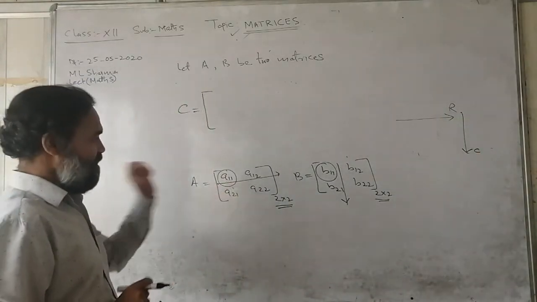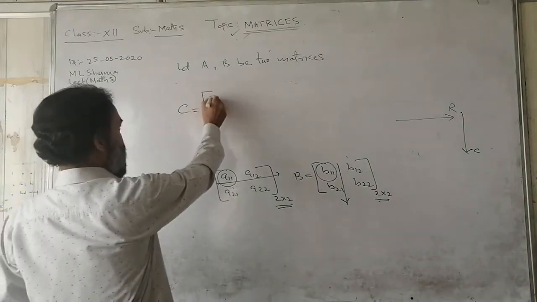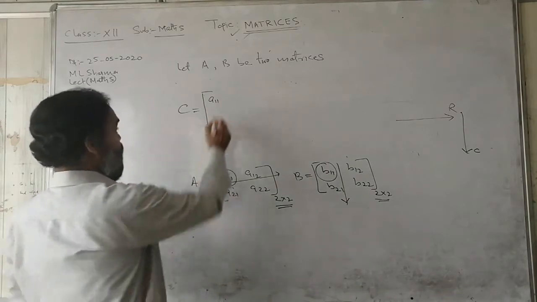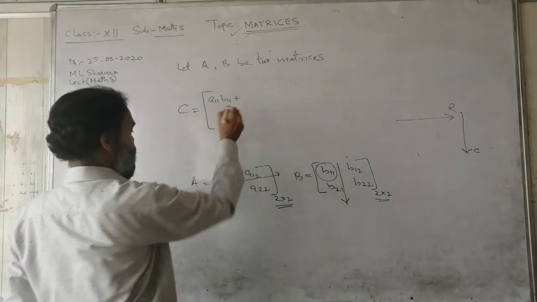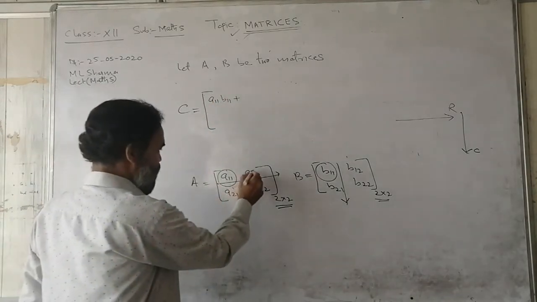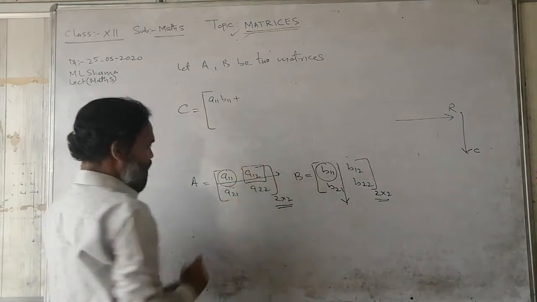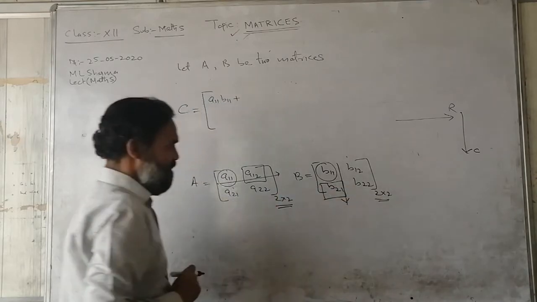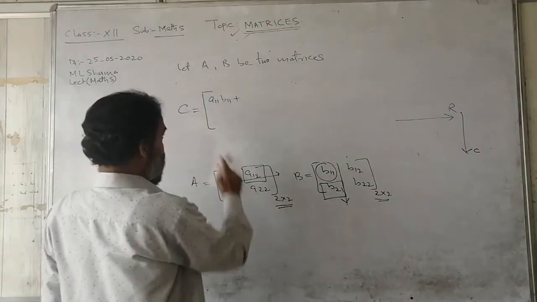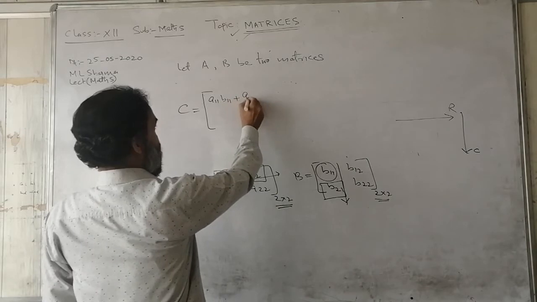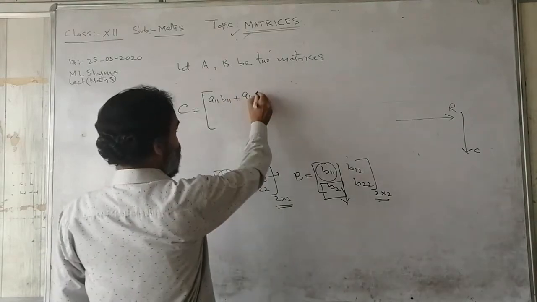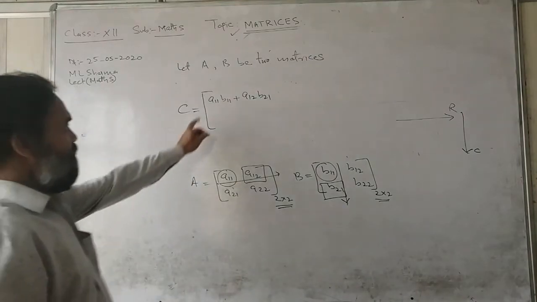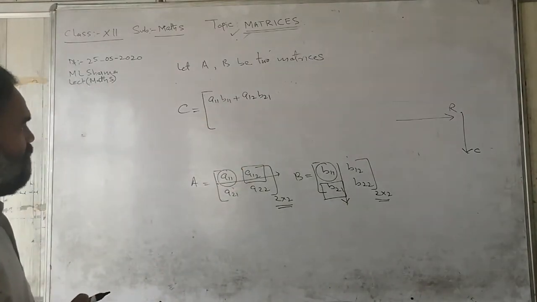So the first element is A11. I will multiply this element with this B11, plus this next element A12 will be multiplied by this element B21. So I will write A12 into B21. So this is the first column elements.